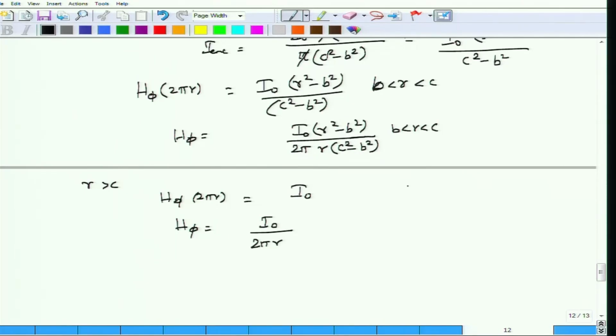So if you sketch the magnetic field H_phi, until the radius b the magnetic field will be 0, and then it begins to rise, not exactly linearly because there is an r squared minus b squared divided by r, but it rises along some curve, and then it reaches its maximum and then starts to drop as 1 by r. So this is how you would calculate the field of a hollow cylinder.